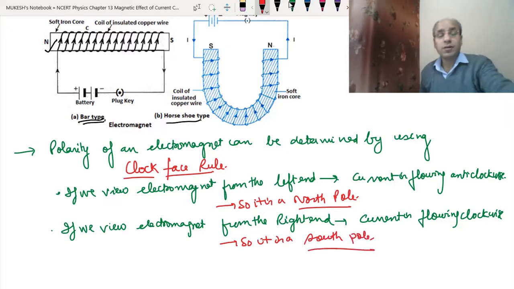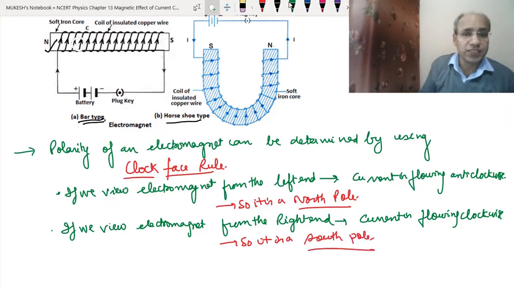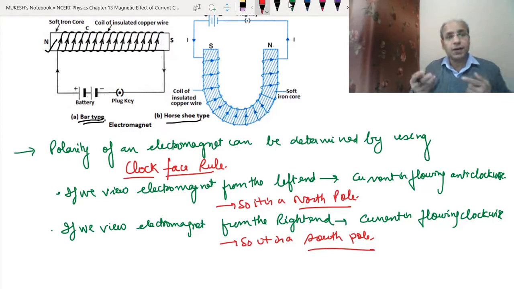The clock face rule we have used particularly only for this diagram, and if the pattern of the current changes, then these poles will also change. So you have to see the diagram carefully and decide which way the current is going, and then you can decide which will be the north pole and which will be the south pole. And here we are talking about this particular diagram.